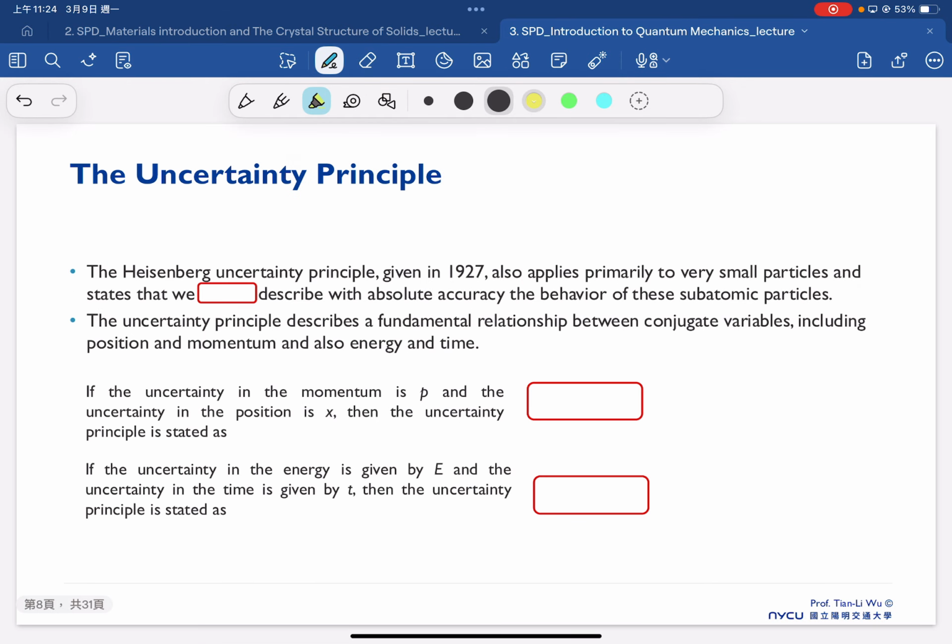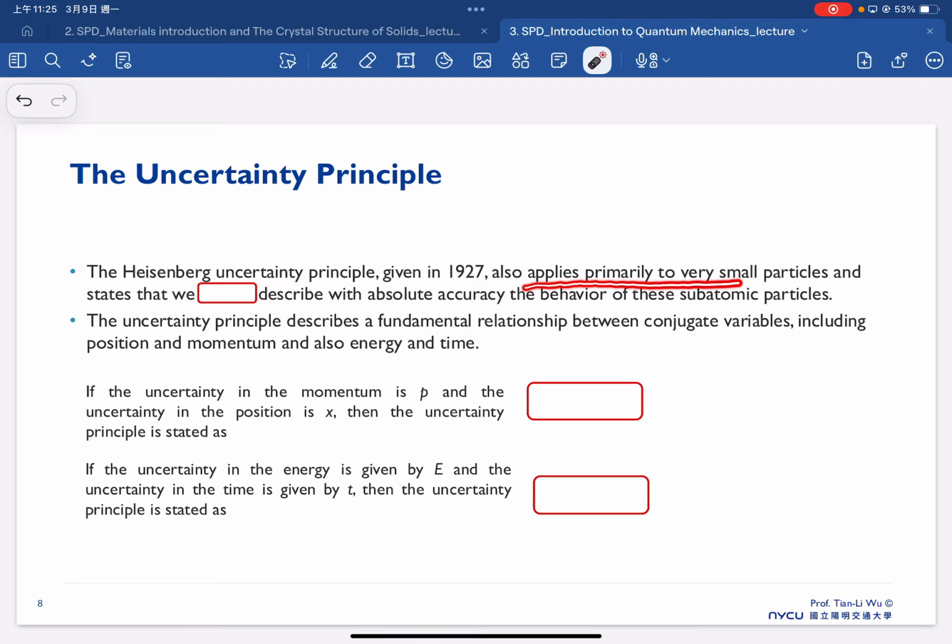Also very well known is the uncertainty principle. The Heisenberg uncertainty principle, given in 1927, applies primarily to very small particles and states that we cannot describe with absolute accuracy the behavior of these subatomic particles.